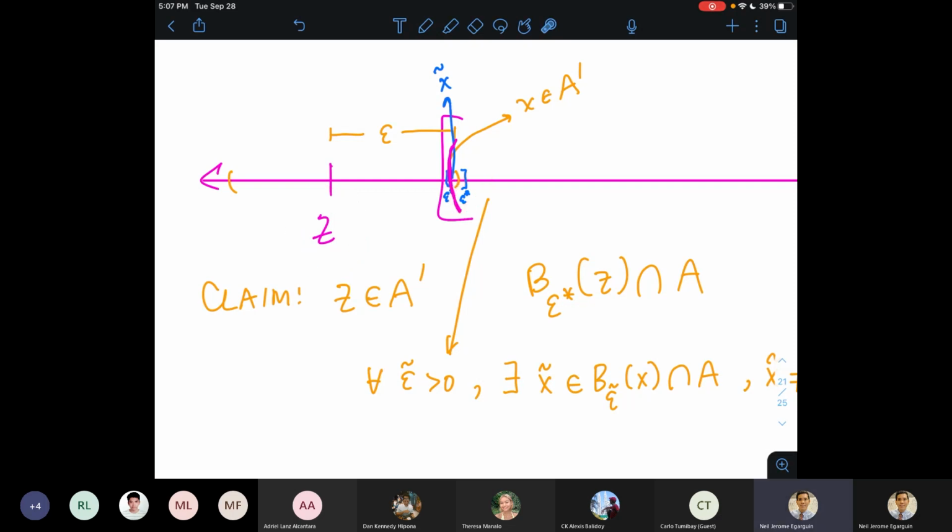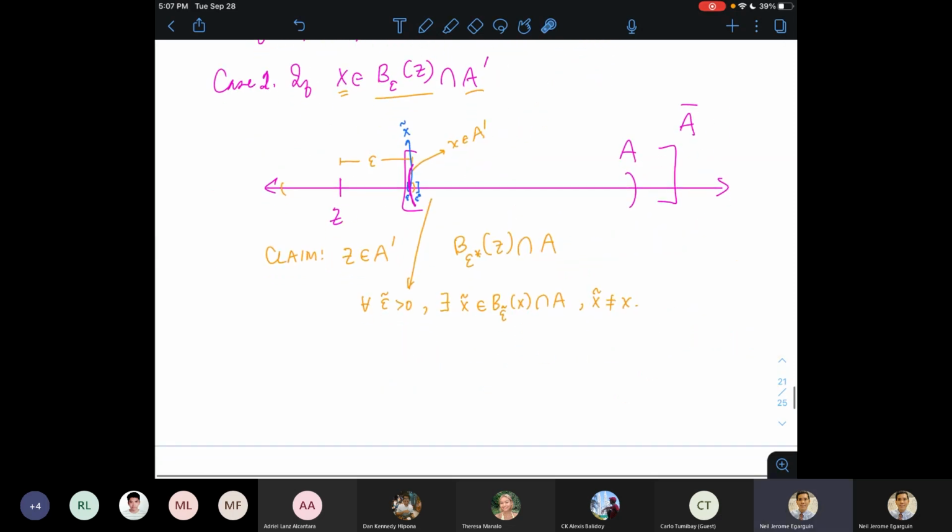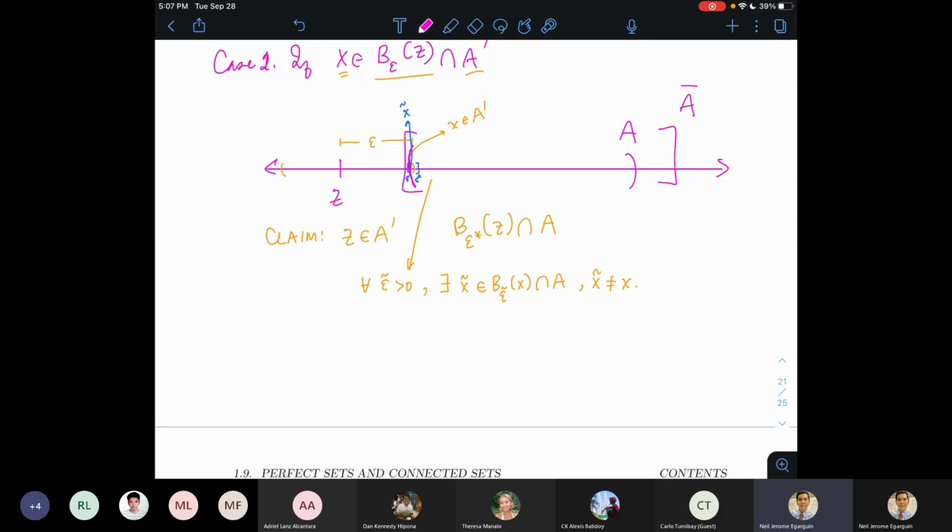So by this illustration, I will let you try to formalize that. I can say that there exists an x tilde, an element of what?